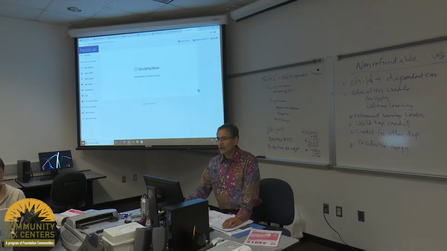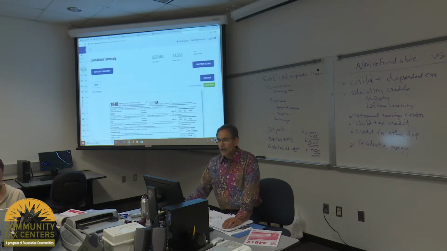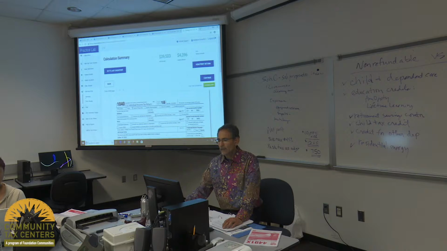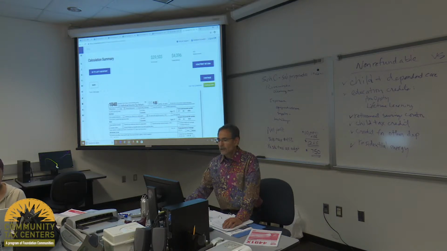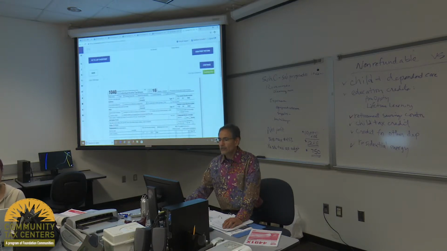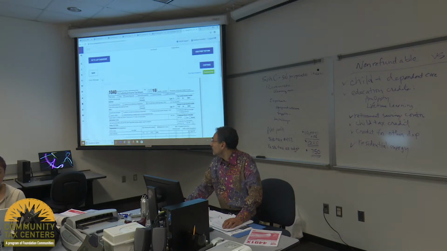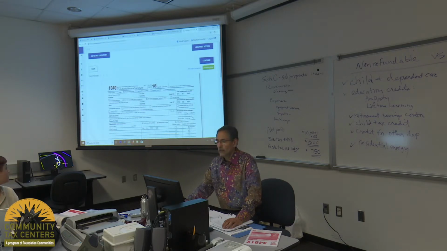As I'm sure you've already figured out, this left column is great for navigating. Summary print gives you the 1040 plus schedules 1 through 6. If you click on these numbers here, page 1 is the 1040.